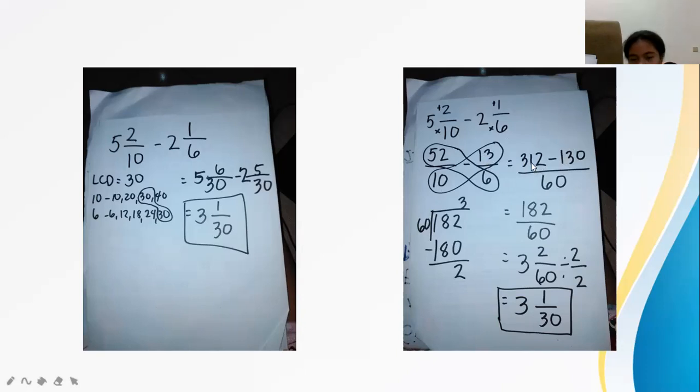So we are going to subtract 312 minus 130 over 60, since 10 times 6 is 60. Then 312 minus 130 is 182 over 60. Then we divide: 182 divided by 60 is 3. So 180, and the remainder is 2. So that's 3 and 2 over 60. 2 over 60 can still be divided by 2. That's why we have 3 and 1 over 30. Okay.